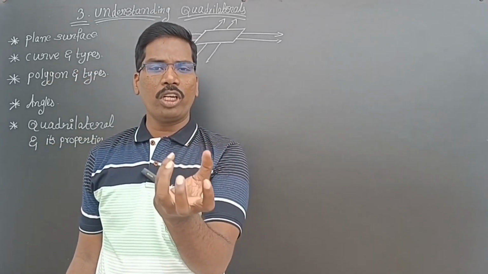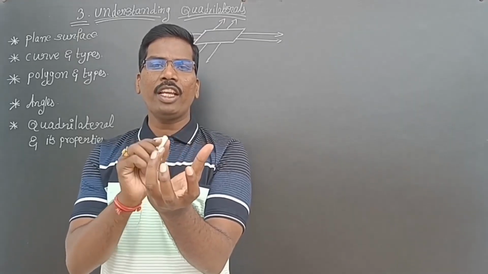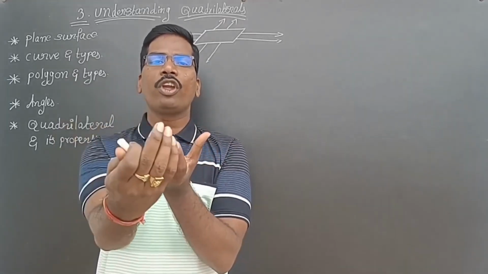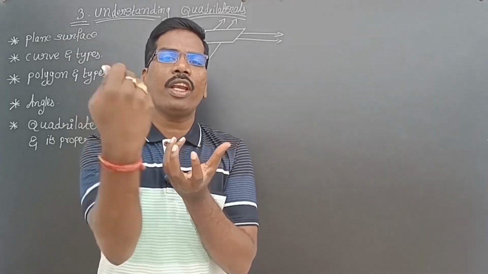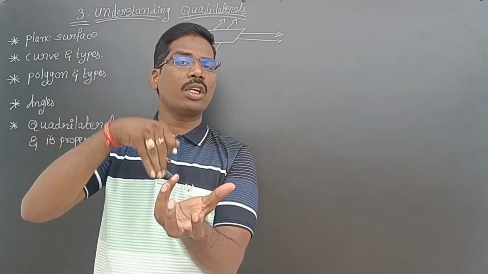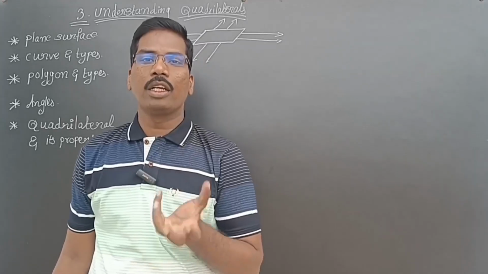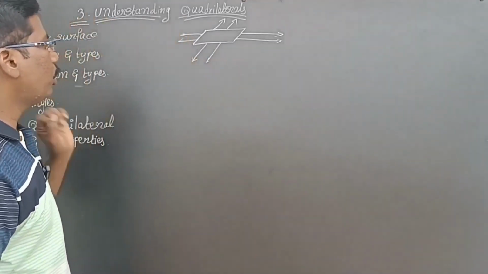I'm holding something, solid. If I write here, you can't see what I'm writing because I'm writing from my side. Those people who are there can't understand. So we can't take solid surfaces. We will take only plane surface. So this is about plane.